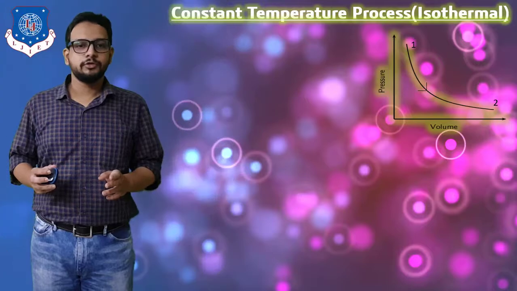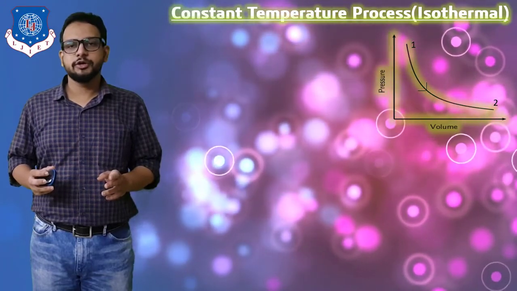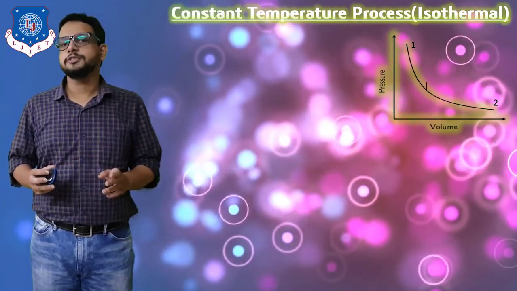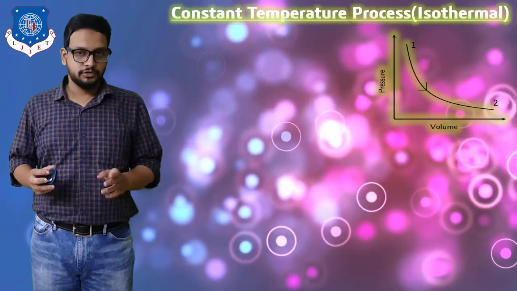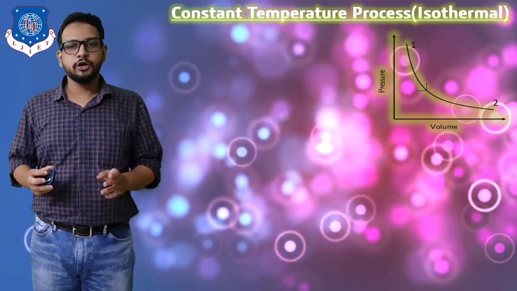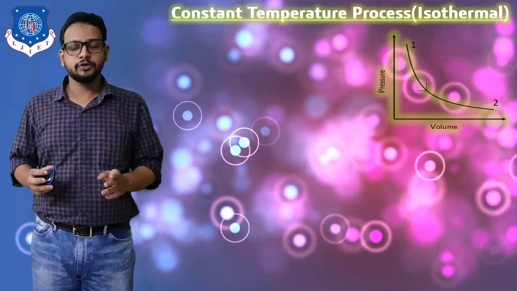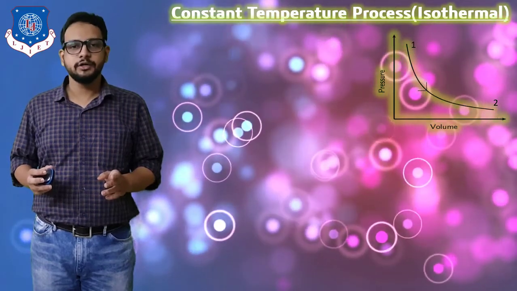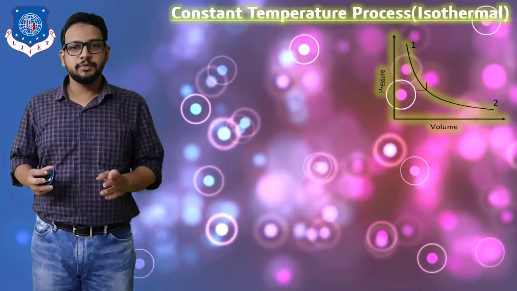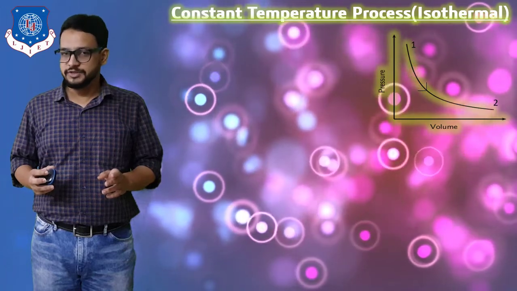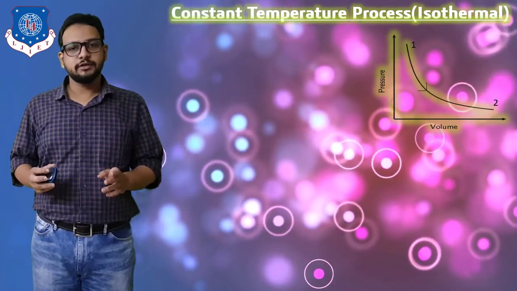Now, if you remember, we discussed during Boyle's law how we can achieve constant temperature. We took a case of work done on the system in a closed piston cylinder arrangement. Again we can take an example where a force is applied on a piston for compressing the gas.